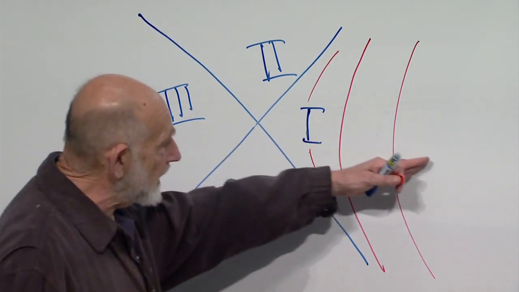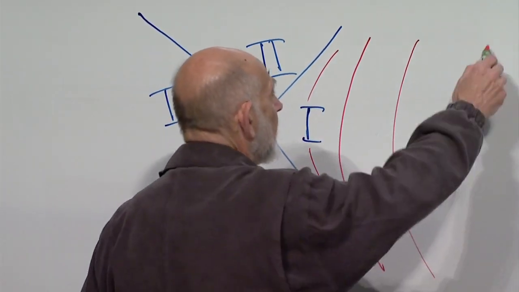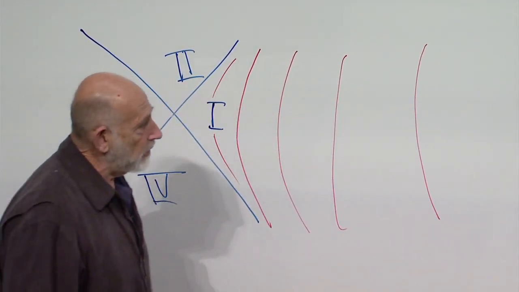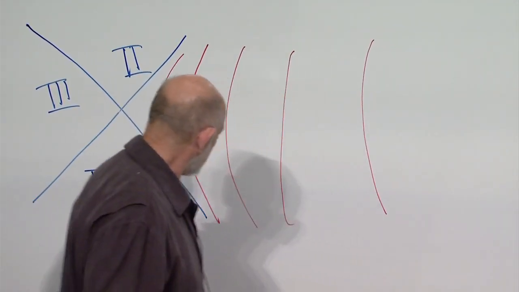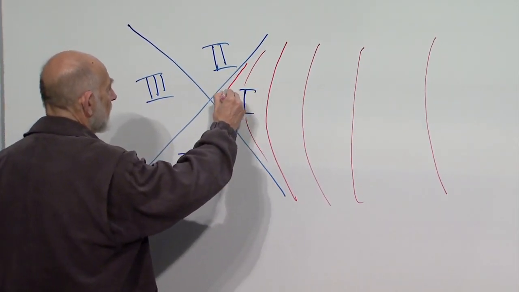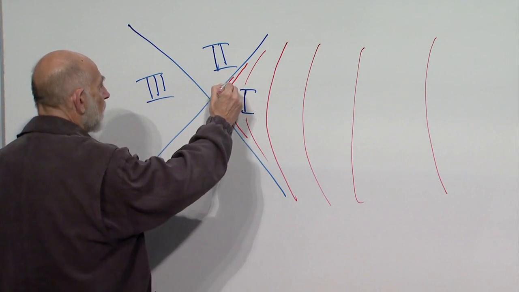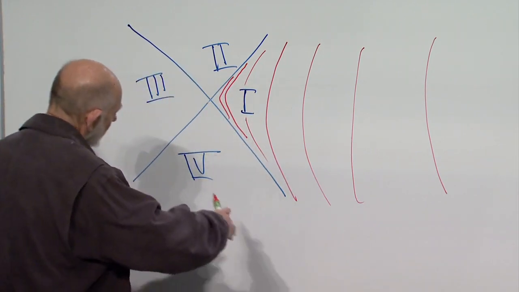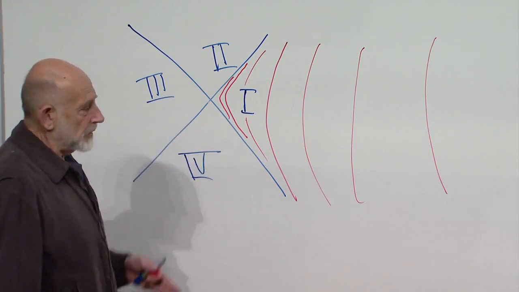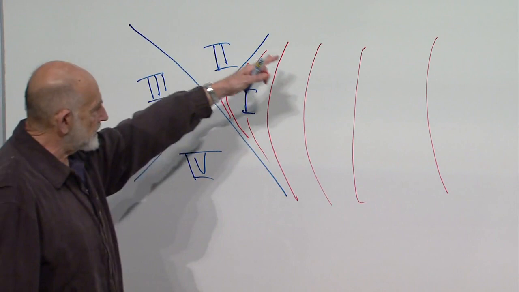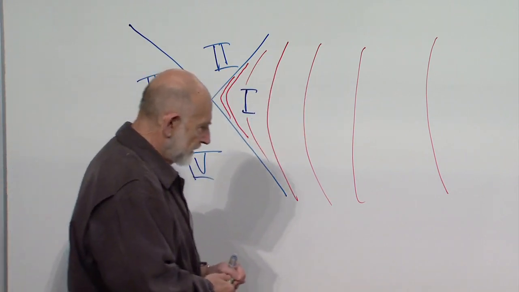So this is a family of observers further and further out, very far from the black hole, way out here. In close to the horizon here, the closer you get to the horizon, the more you have to accelerate. That's the curvature of these lines here. The more you have to accelerate to keep out of the black hole. And in any case, this is the exterior.